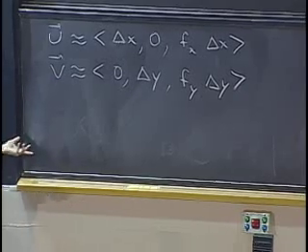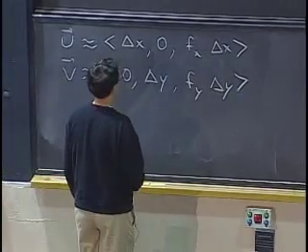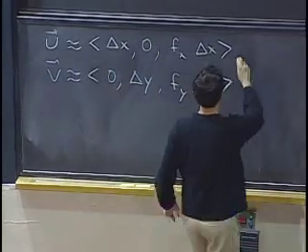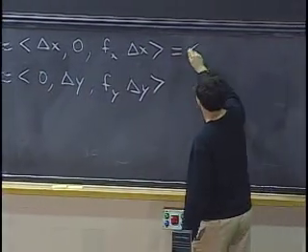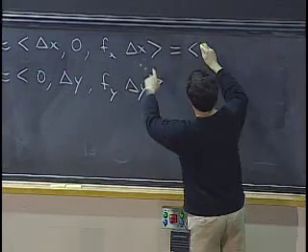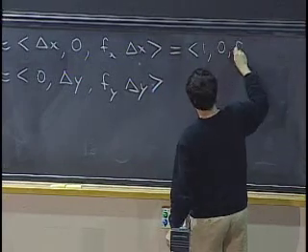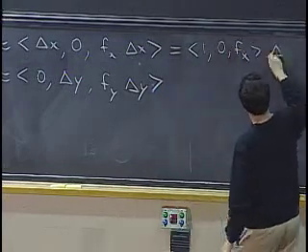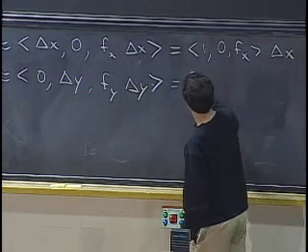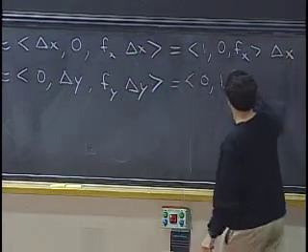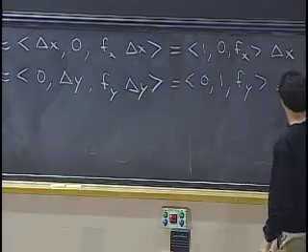Now I can take the cross product. Well, maybe I will first factor something out. I can rewrite u as 1, 0, f sub x times delta x, and v as 0, 1, f sub y times delta y.